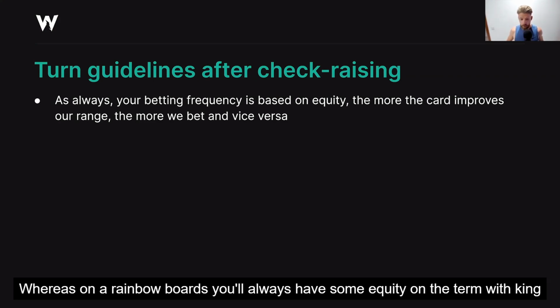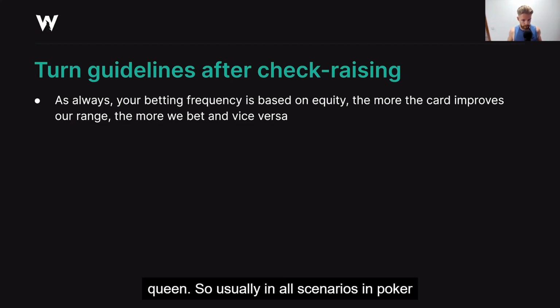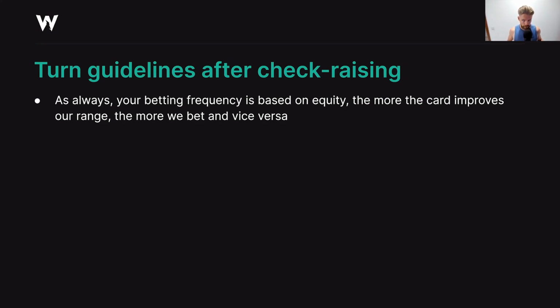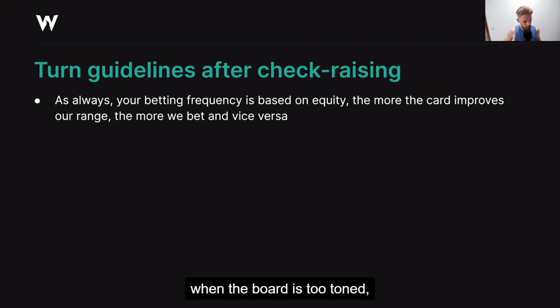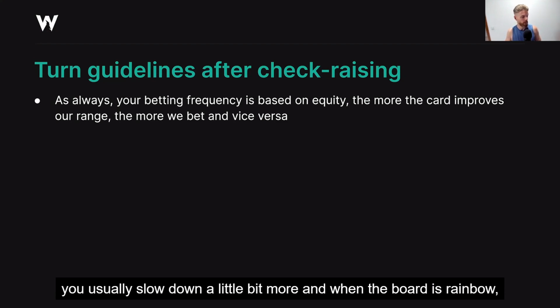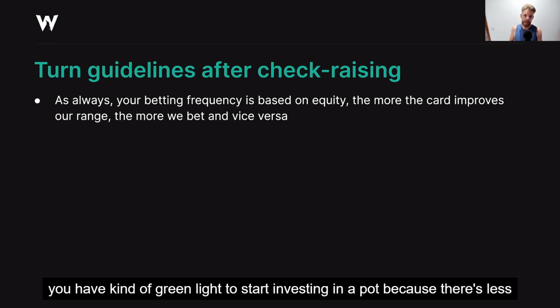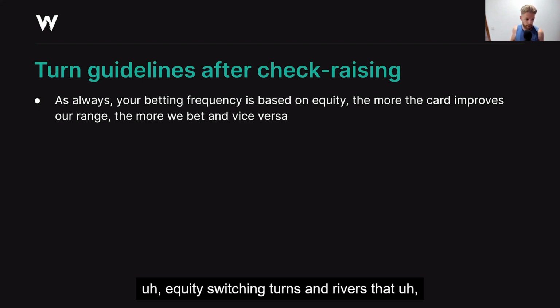Whereas on rainbow boards, you will always have some equity on the turn with King Queen. In most scenarios in poker, when the board is two-tone, you usually slow down a little bit more. And when the board is rainbow, you have a green light to start investing in the pot because there's less equity switching on turns and rivers that you could possibly lose the pot on.